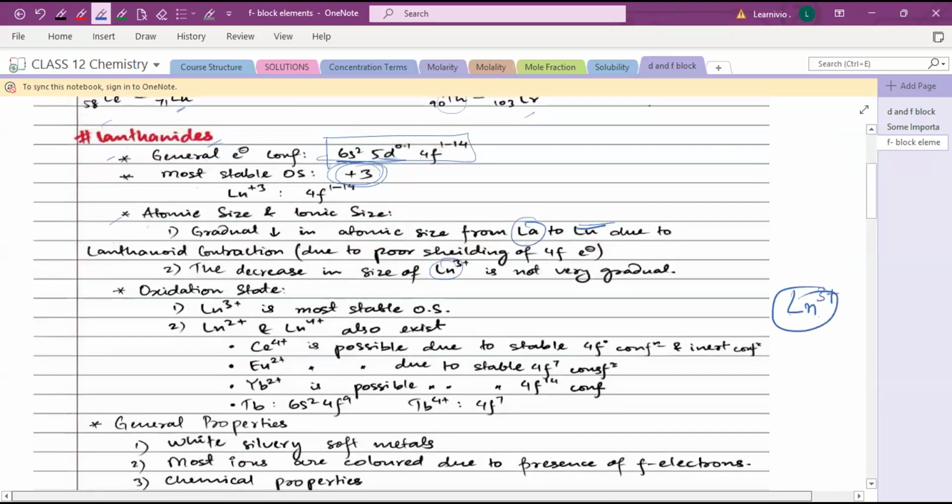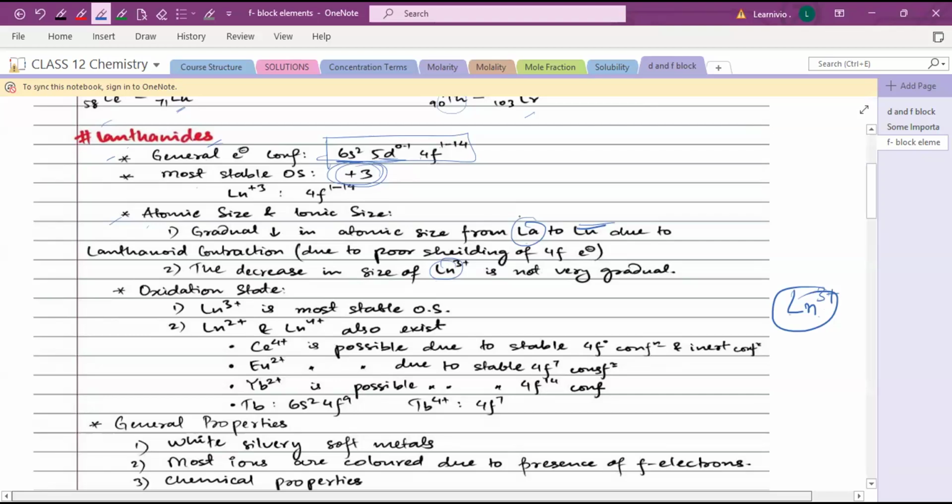See what the actual trend of atomic size was: it basically decreases. But for a specific oxidation state, like plus 3, the decrease in size is not very gradual. Somewhere in between, you will see some irregularities.